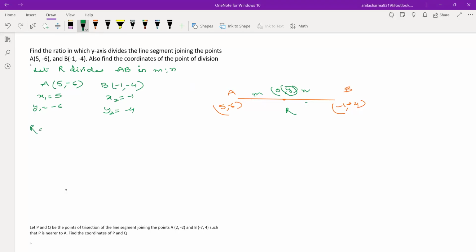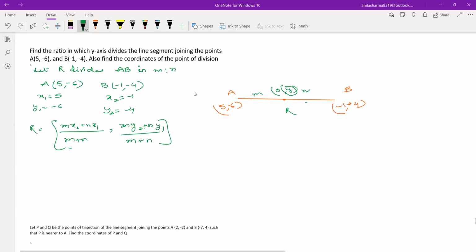So apply the section formula: mx2 plus nx1 upon m plus n, comma my2 plus ny1 upon m plus n. Solve it and tell me. Okay, Pranya. Find the y coordinate also, beta.